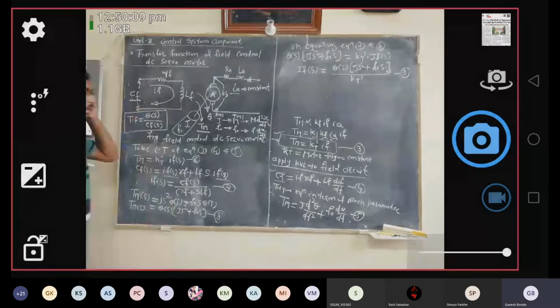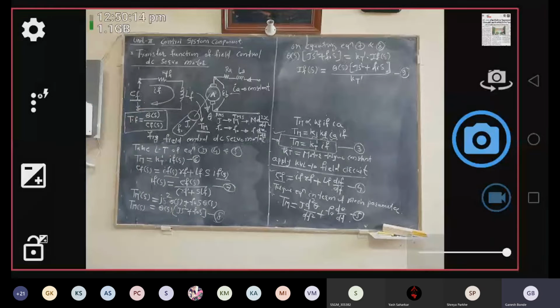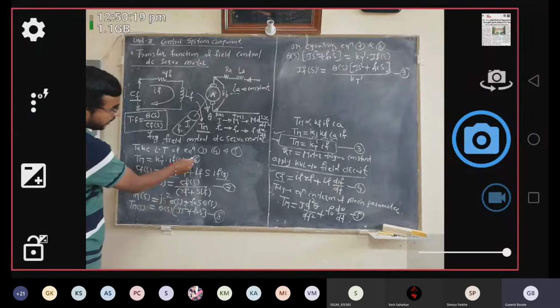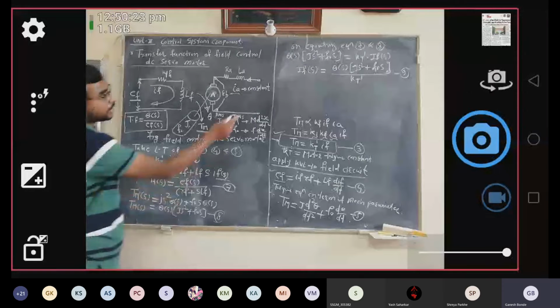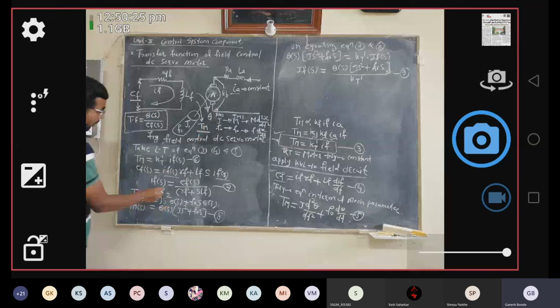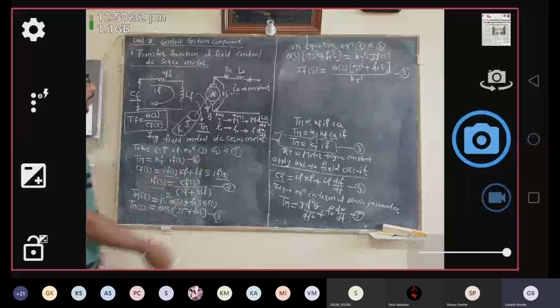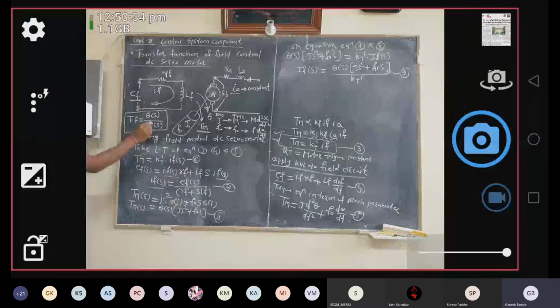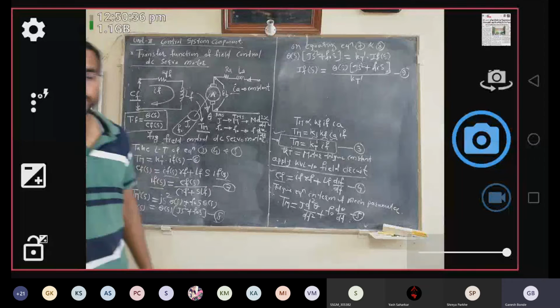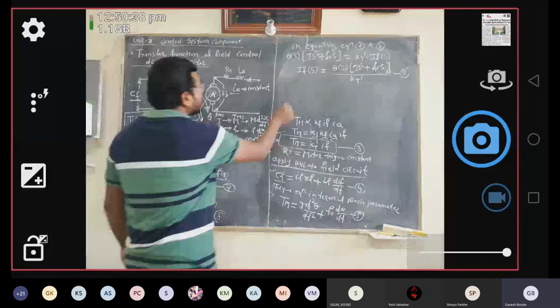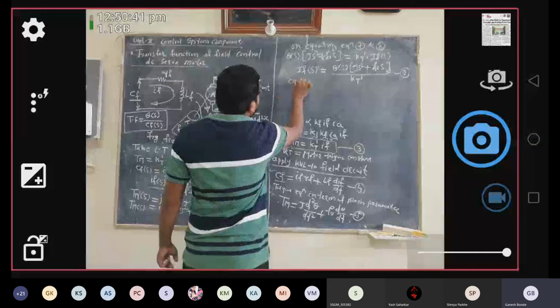Now almost we have got our transfer function. What is the next manipulation we have to do? Carefully observe equations 6, 7, 8, 9. Equation 7 and equation 9 have the same left hand side, that is I f of s. So now equate equation 7 and 9, and you will get the relation between theta of s and E f of s.